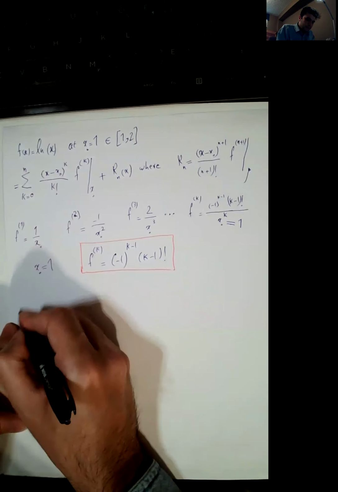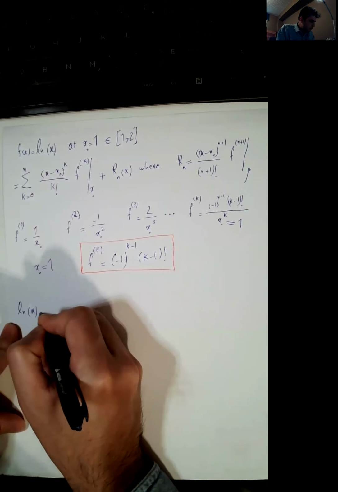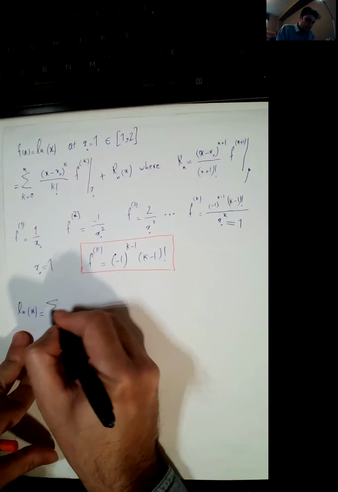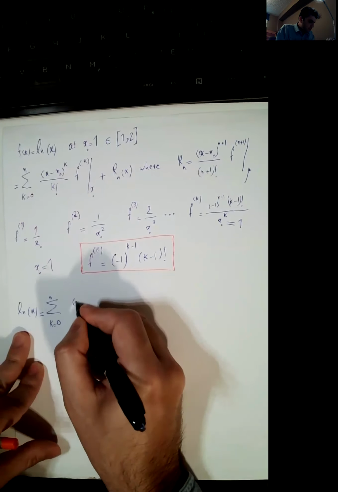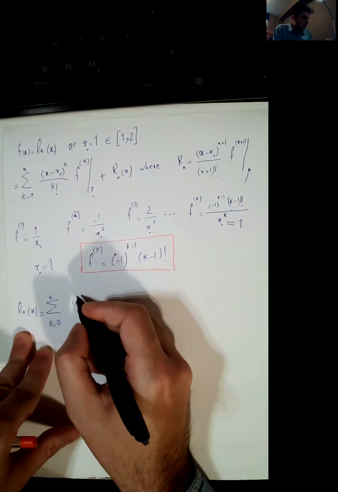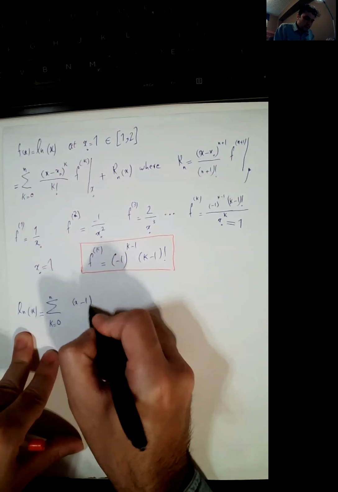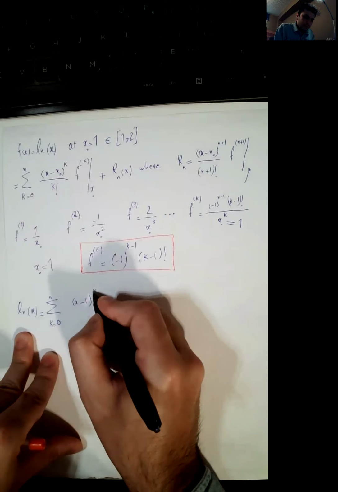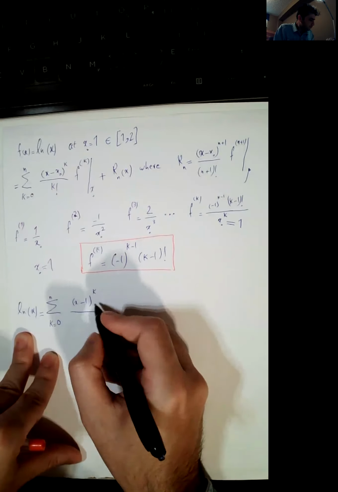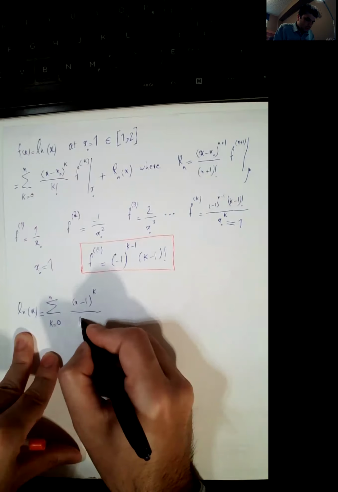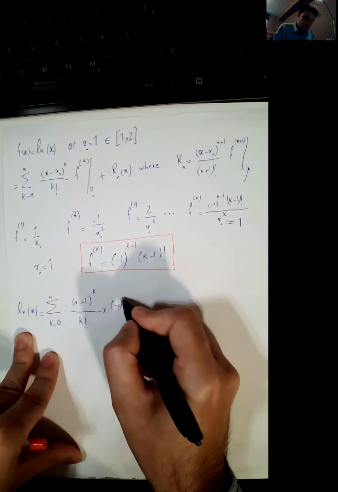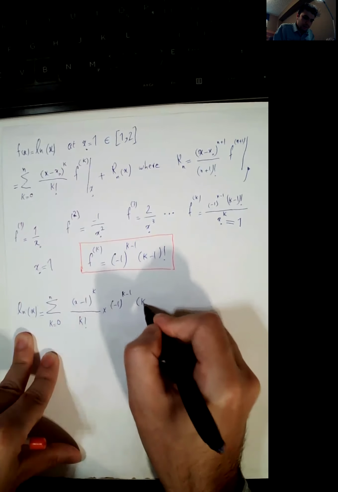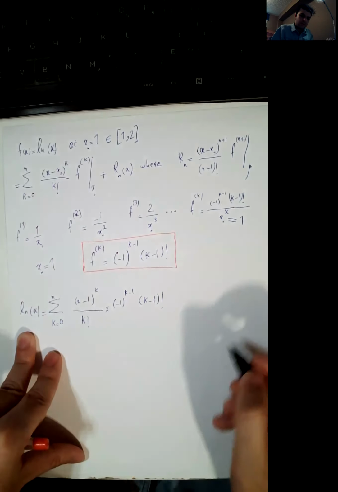Now we can say that ln x is the summation of (x minus 1) to the power of k over k factorial, times (minus 1)^(k minus 1) times (k minus 1) factorial.